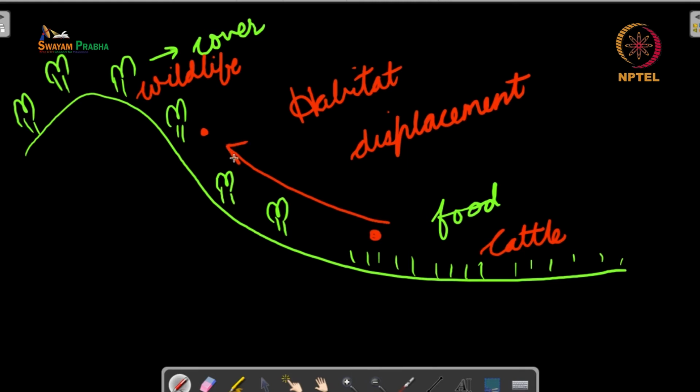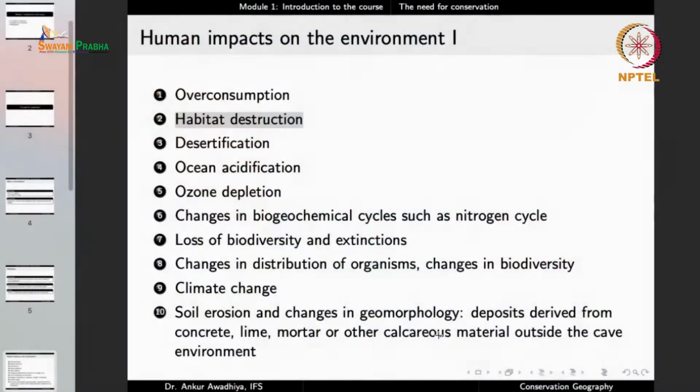Now, what will be the consequences? The forests are able to support the wildlife, but primarily in the form of cover. So, they provide them with shade, protection, and hiding spaces. But probably these forests do not have as much food or water as would have been available in the grasslands, because typically our rivers and streams flow in the low-lying areas.